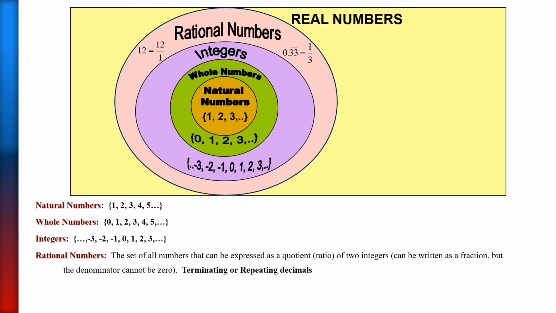Now, we'll also get into the fact that certain fractions, we can write them as repeating or terminating decimals. With these rational numbers, they can either terminate, or you can have a number that repeats itself.